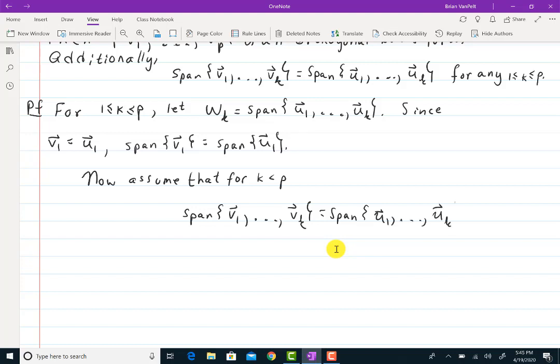So this is where the induction hypothesis is occurring. We showed that it's true for k equal 1 right here. When k is equal to 1, these two things had the same span. Now I'm going to assume that it's true for some k less than p, and then I'm going to show that it's true for k plus 1.